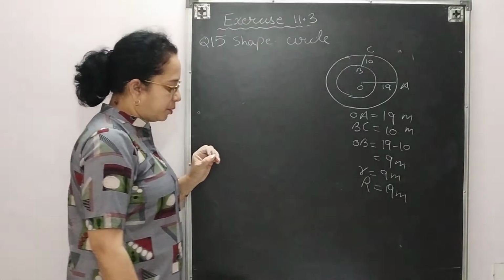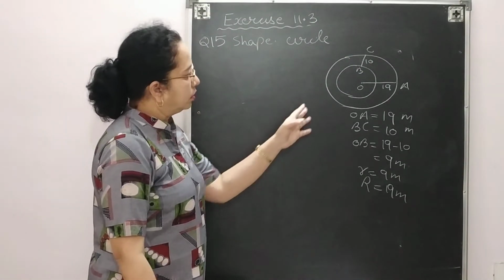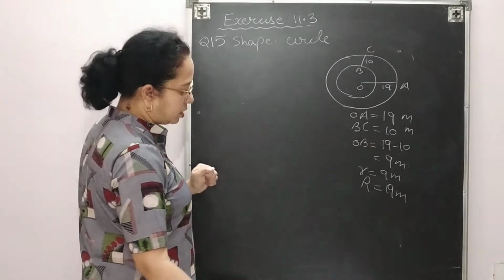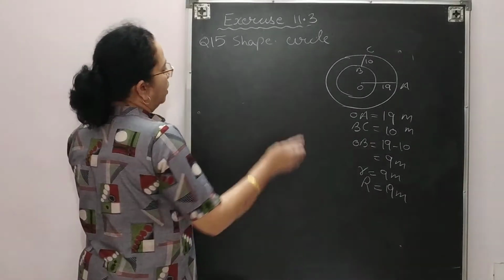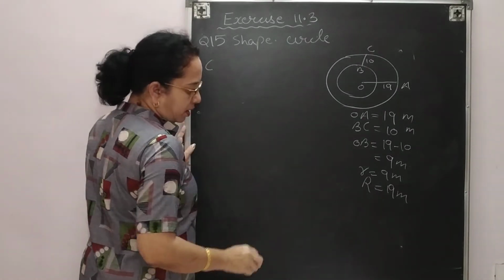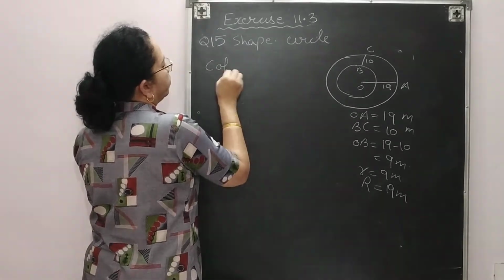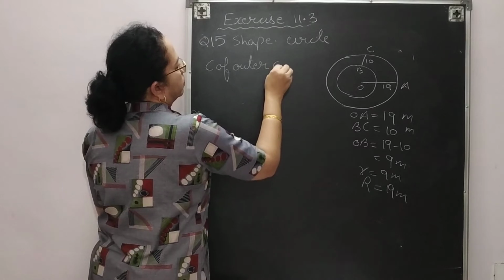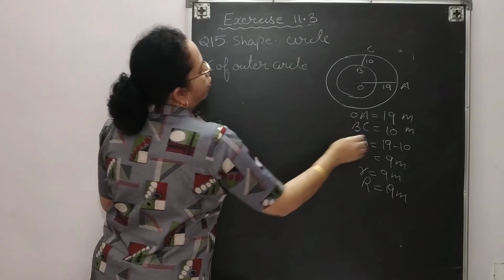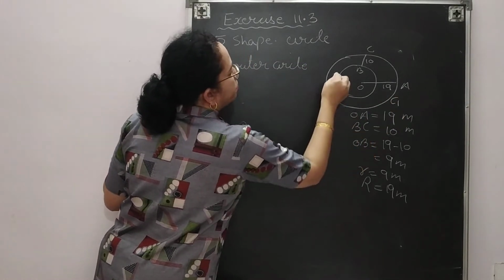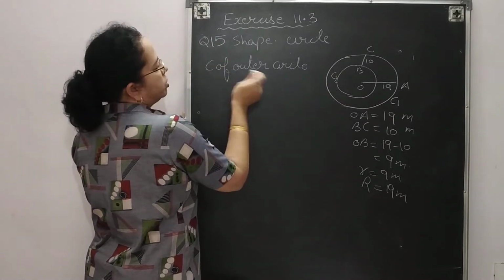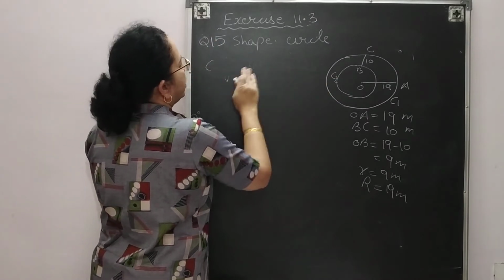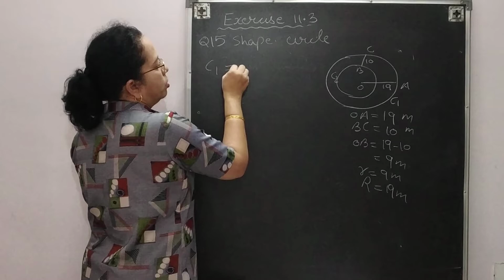So now we are supposed to find the circumference of the inner circle and outer circle. So we will find the circumference of the outer circle. Okay. If you don't want to write it down, you can give names C1 and C2. So instead of writing this, you can write down C1 directly also.